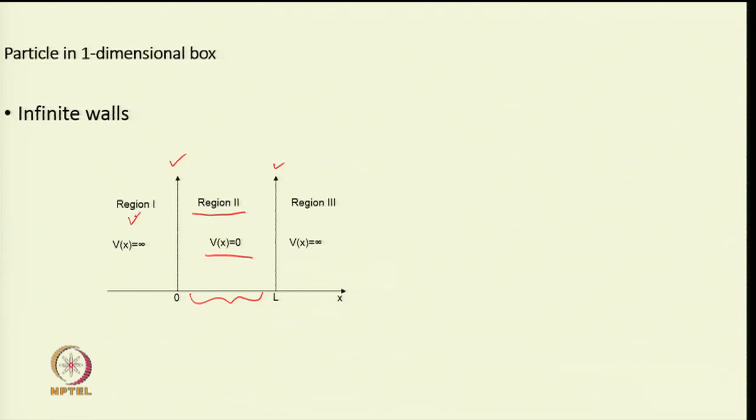There are two other regions, region 1 and region 3, where V(x) is equal to infinity. Since it is a free particle, the potential energy will be 0 in region 2, and there is no scope for a particle to be in region 1 or region 3. So, V(x) is equal to infinity there.